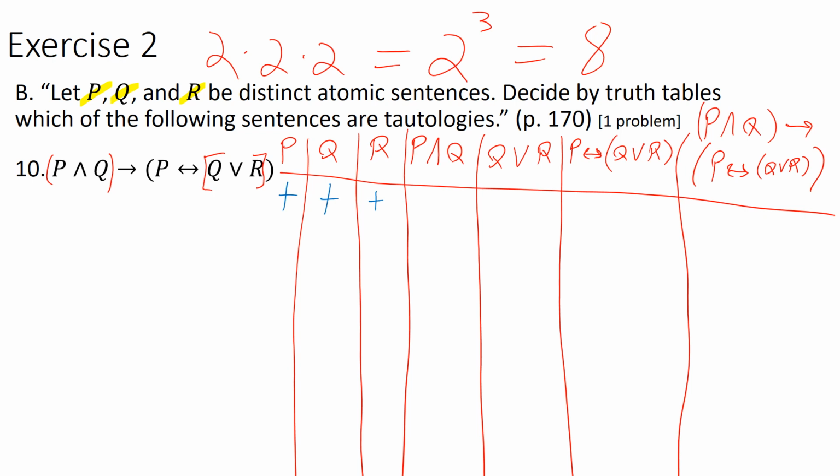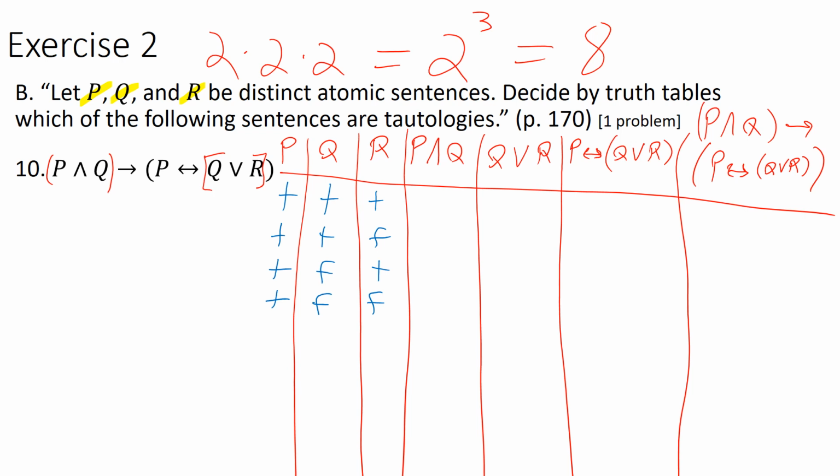And I know that there are only 4 entries in that case because Q and R can either be true or false. So true, true, false, true, false, true, true, false, false. So there are 4 possibilities there where P is fixed as being true.